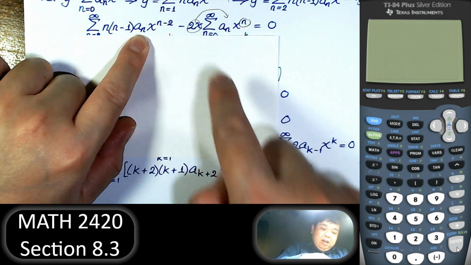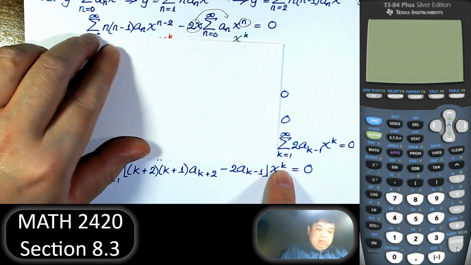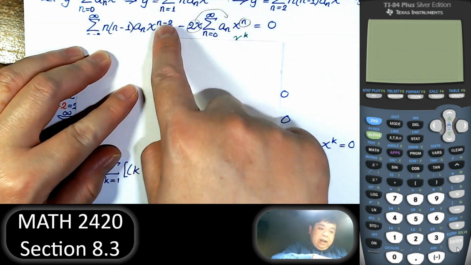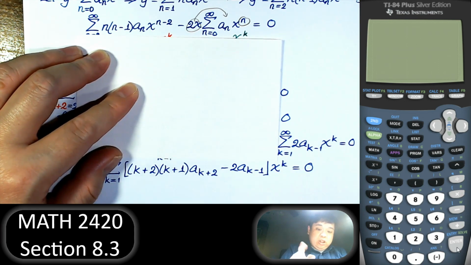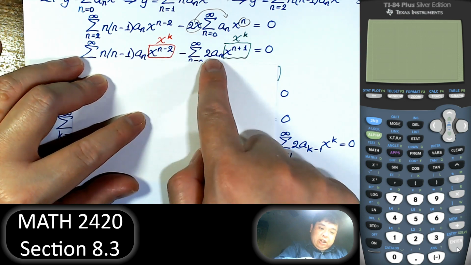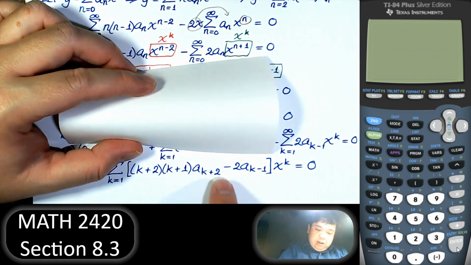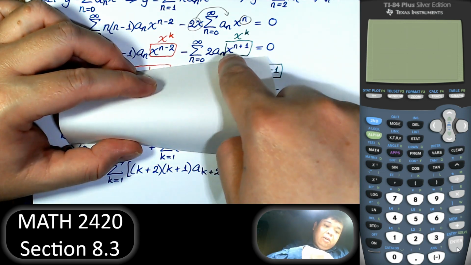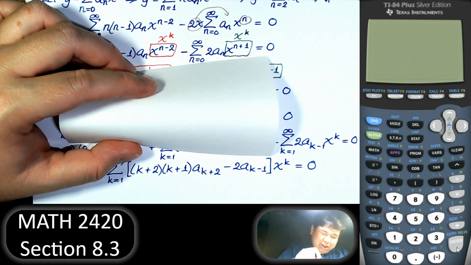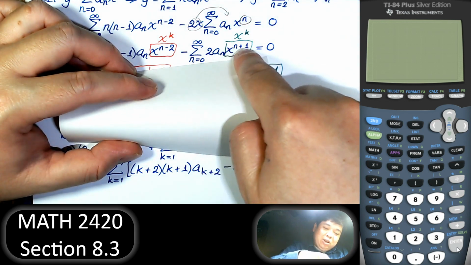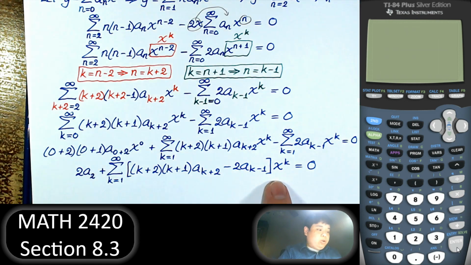In relation, n and n minus 2, so 2 more than that, 1 more than that, 2 more than that, which is good. And then minus 2, a, the subscript is 1 less than the power, so a sub n, n plus 1, the subscript is 1 less than the power, so that's good. We combine them, so that looks good there.